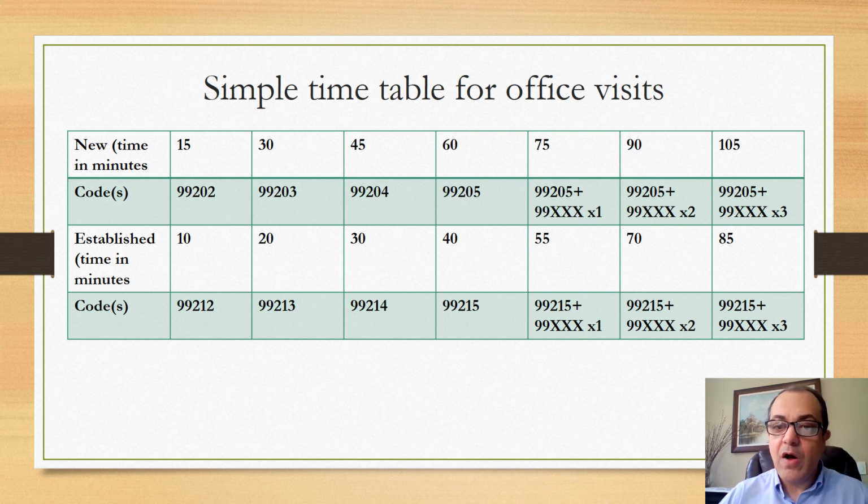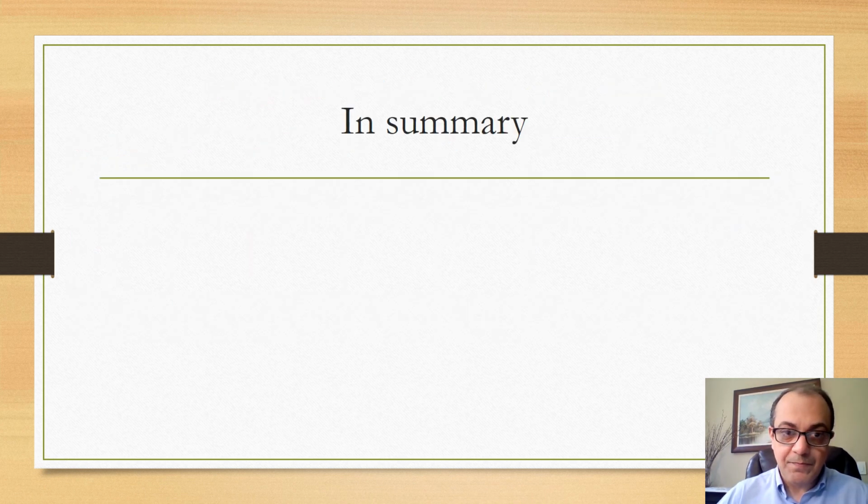Then from then on, every 15 minutes above that can give you an extended visit code until you can get 99XXX times 3 plus 99215 if you had an 85-minute established visit. So let's go to the final slide and see the summary of all we discussed today.